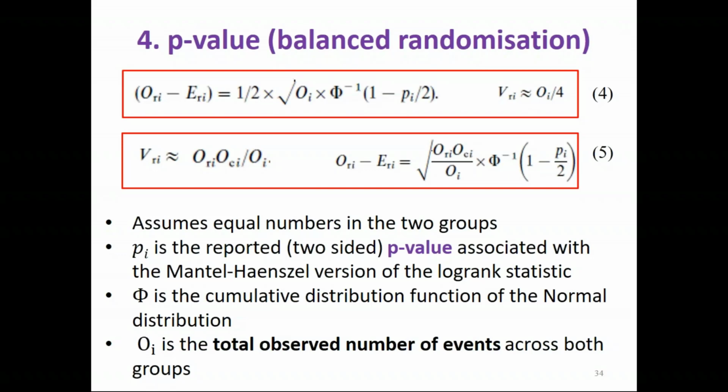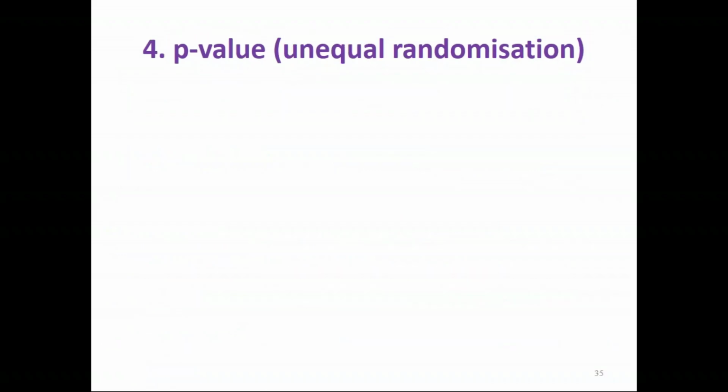So both of these approaches will estimate O minus E and V for this individual trial, and we can then plug that into the equation that we saw before to obtain the estimate of log hazard ratio and variance.